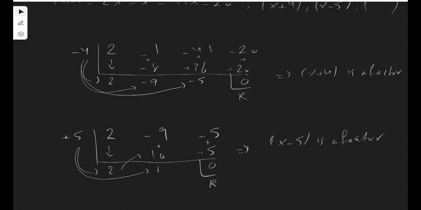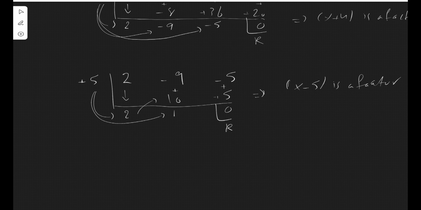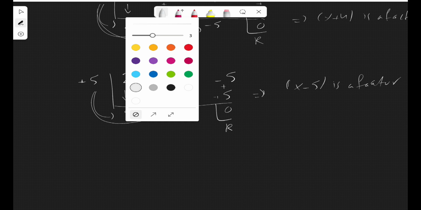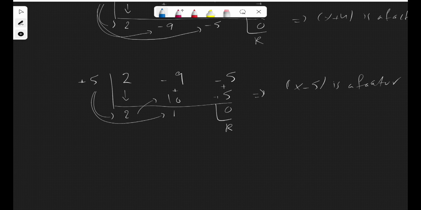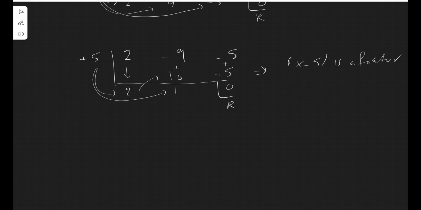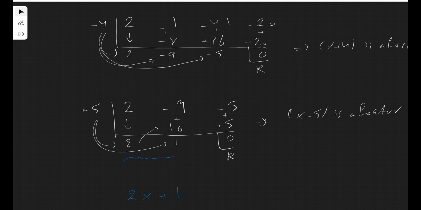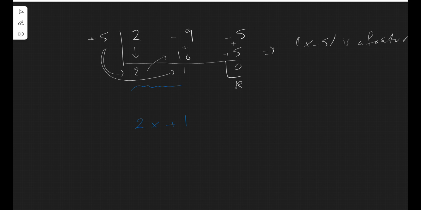And to find the missing factor, it is already given here. x plus 4 and x minus 5 are the two factors, and the quotient is the answer of the division of the polynomial by them.